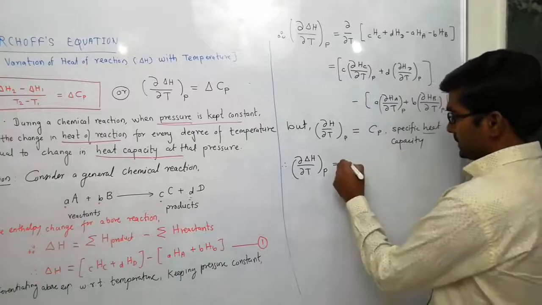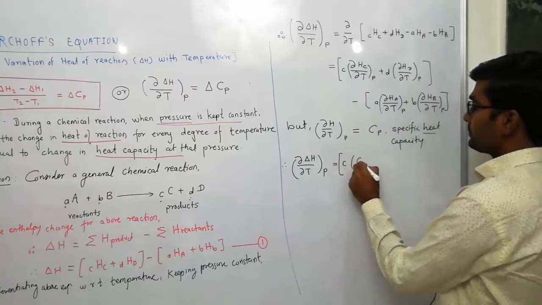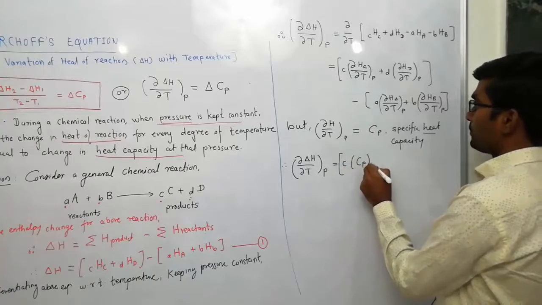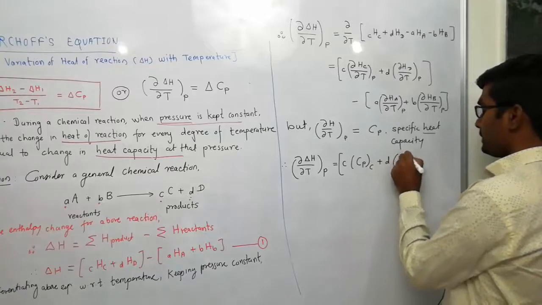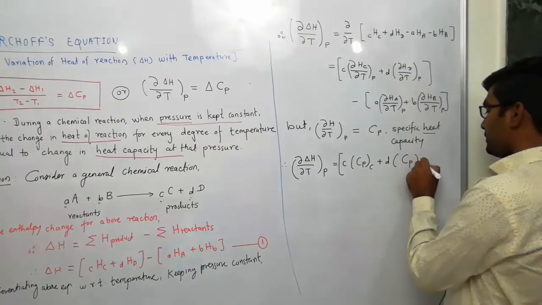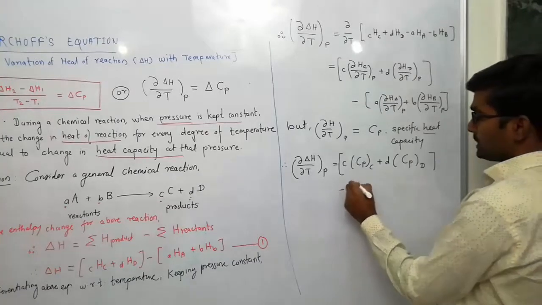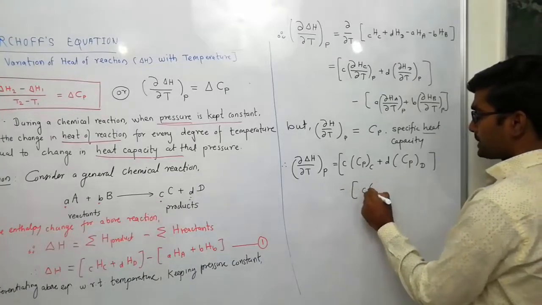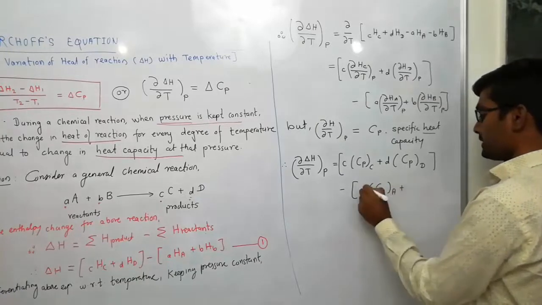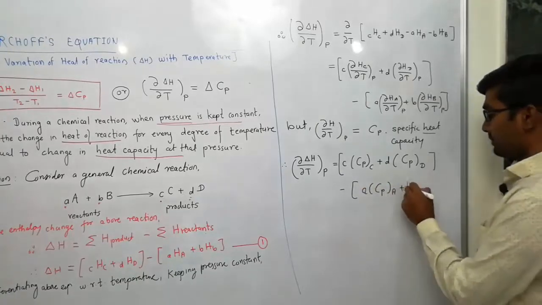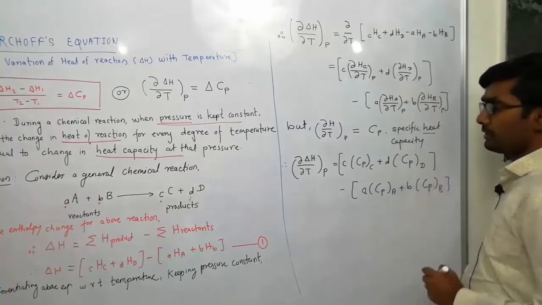Let us write this equation: c in square bracket Cp of product C plus small d specific heat capacity of product D in square bracket, so minus sign, specific heat capacity of reactant A plus specific heat capacity of reactant B.